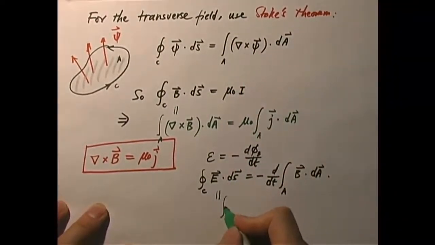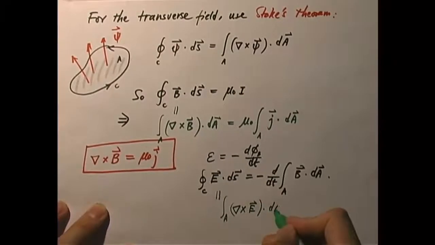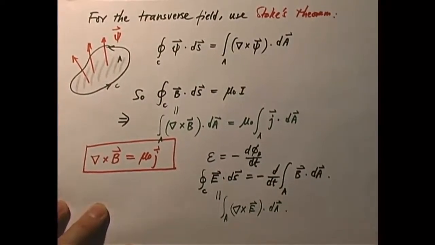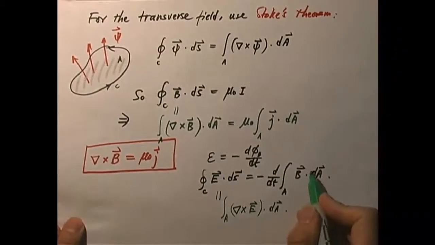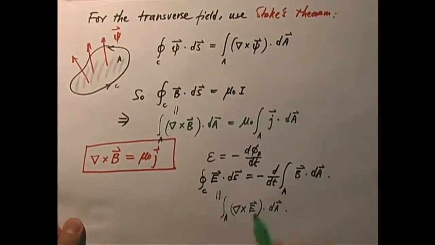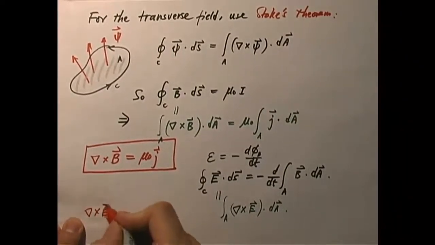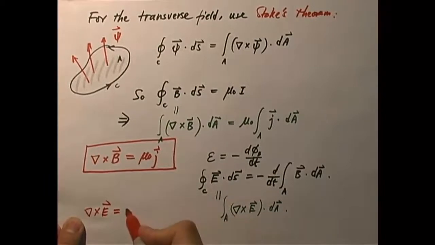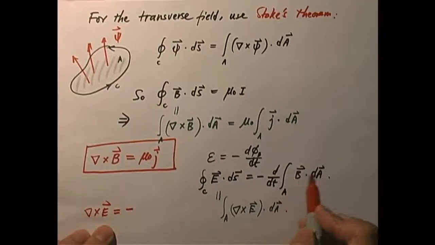So this can be written as gradient cross E dot dA. Now, how do I extract the integrands out? Left-hand side is gradient cross E. And the right-hand side equals what? Negative sign. Move that d/dt into the integration. So you are taking the time derivative of B.